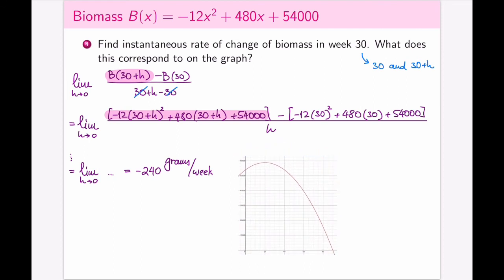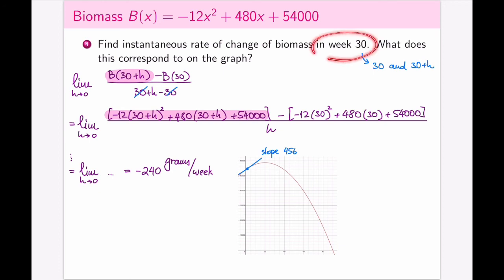So on the previous slide, we were calculating the rate of change in week 1, which means that we were actually getting the slope of the tangent line at the point 1. So if I draw the tangent line here, this is my tangent line from the previous slide, and this corresponded to the slope being 456.